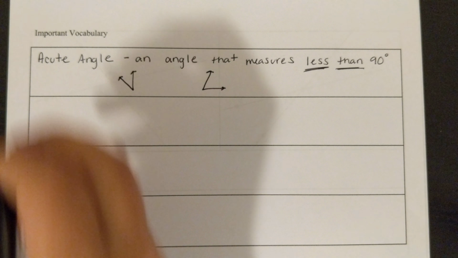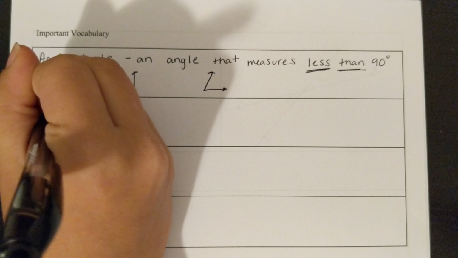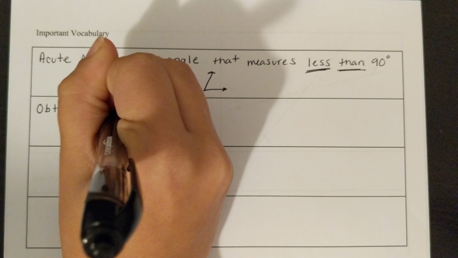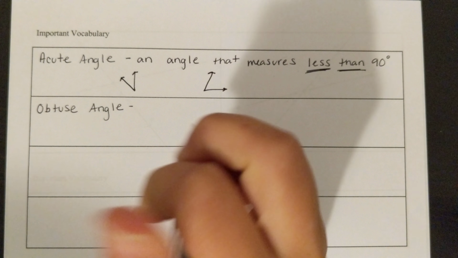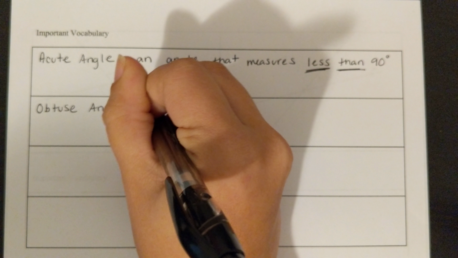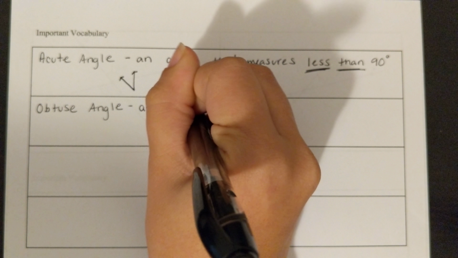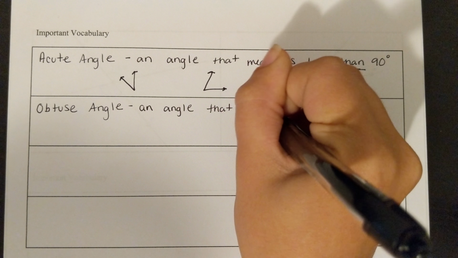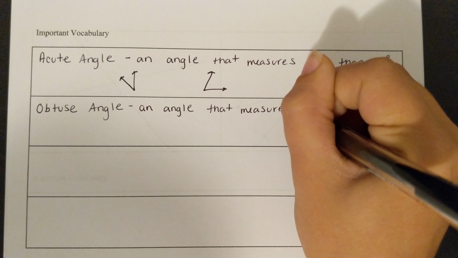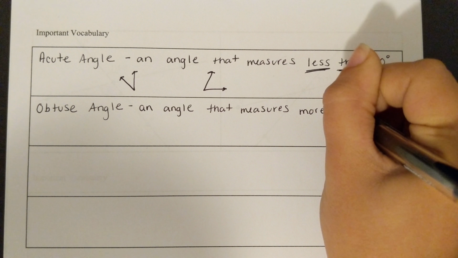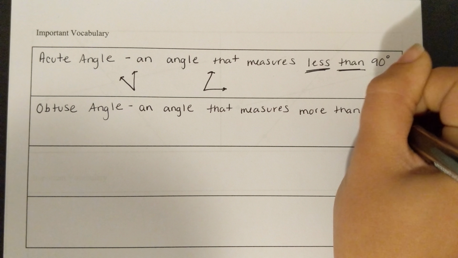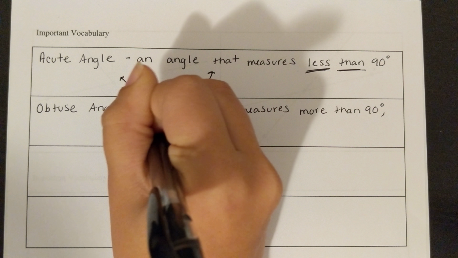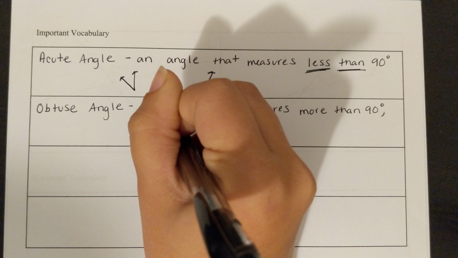The next vocab is an obtuse angle. An obtuse angle is an angle that measures more than 90 degrees, but it's also less than 180 degrees.